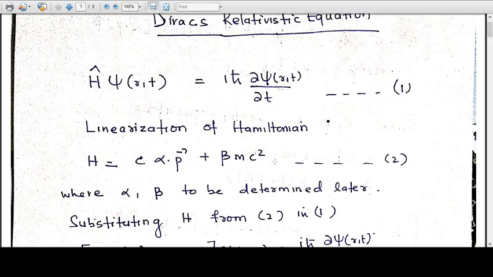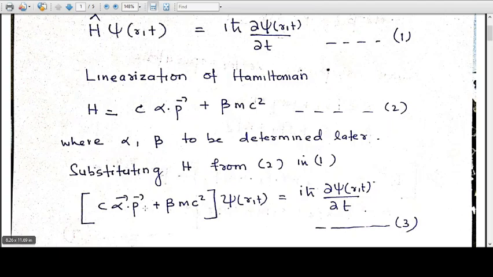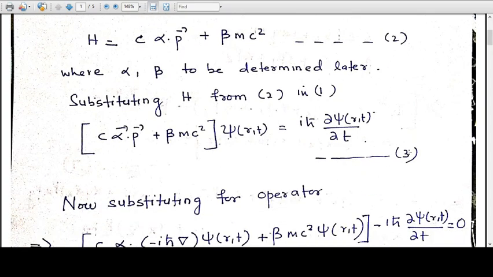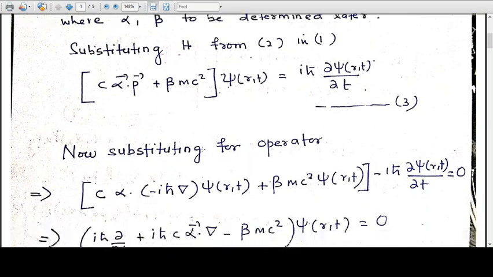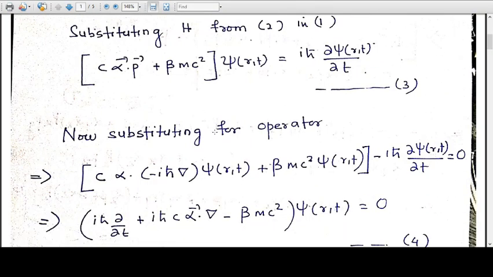Now substituting this value, that is C alpha dot P plus beta MC square, in this equation, we will get (C alpha dot P plus beta MC square) psi of r,t is equal to i h bar dou psi by dou t. Let us name this equation as equation 3. Now substituting for the operator, we know quantum mechanics postulates say that every dynamical variable corresponds to an operator.